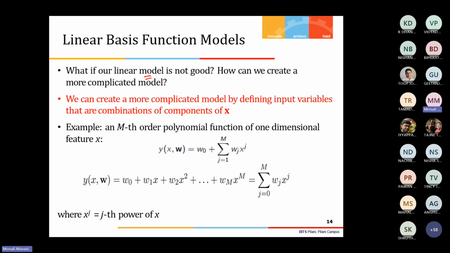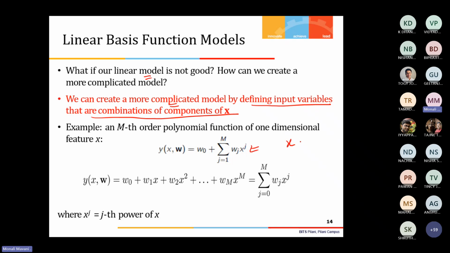If our data set has inherently non-linear characteristics, then if we try to fit a linear model, whether it's a regression problem or a classification problem, we won't get good results. We won't get good accuracy. So we can create a more complicated model by defining input variables that are combinations of x. I think I had explained some of this in past classes as well. So what combination is created here?